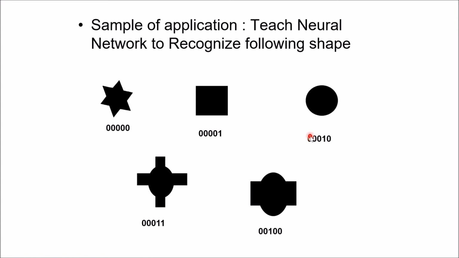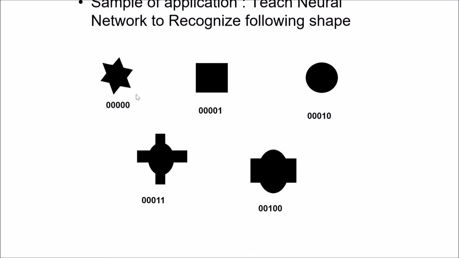The aim is to train our neural network to recognize all these shapes, and later make a prediction when we give different types of these shapes in different perspective, different dimension, different size, different location, and etc.